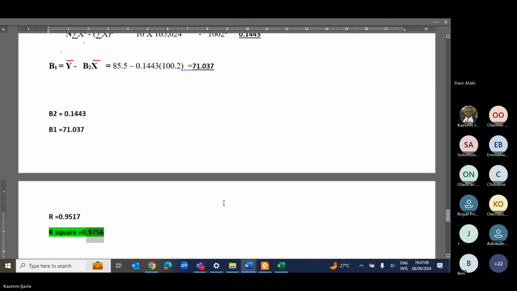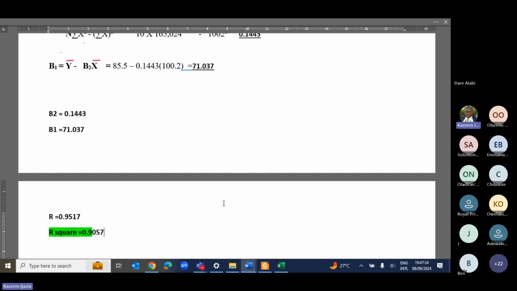If you square 0.9517, not root, square, you get 0.9057. It's still not the same thing as what we got. What we got was 0.733. That means there is something fundamentally wrong with the formula.